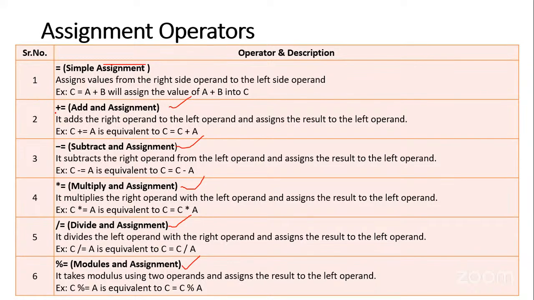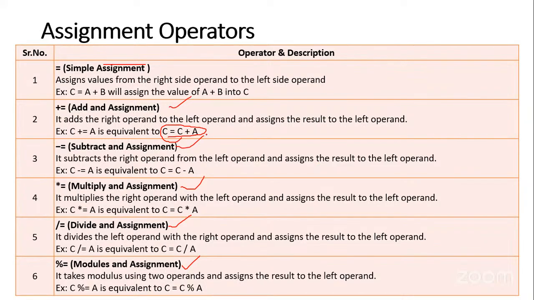All these compound assignment operators, or simply assignment operators, are used whenever the same variable exists on the left hand side and the right hand side of the assignment operator. See, for example, I have an expression, C assignment C plus A. Here C is repeated at the left and right hand side of the assignment operator.